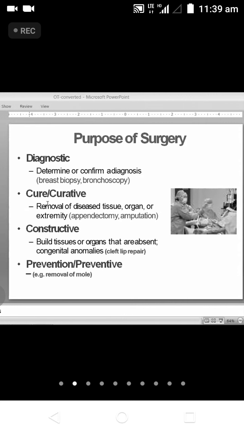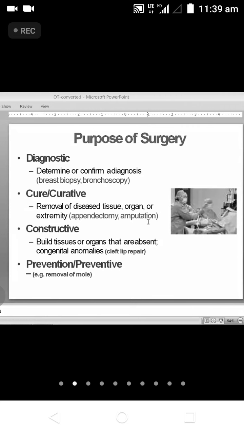Second purpose of the surgery is for cure or curative. For curing or treating a disease, you are performing the surgery. This is a removal of a diseased tissue, organ or extremities. Example, appendectomy, amputation. If the patient is having diabetic wounds that have not been cured properly, they go for an amputation.